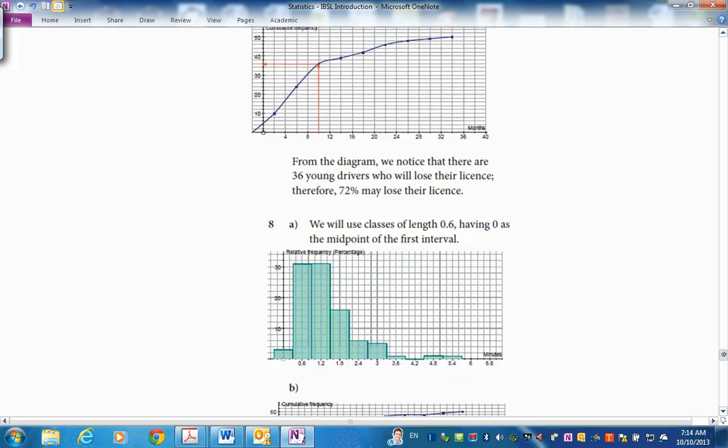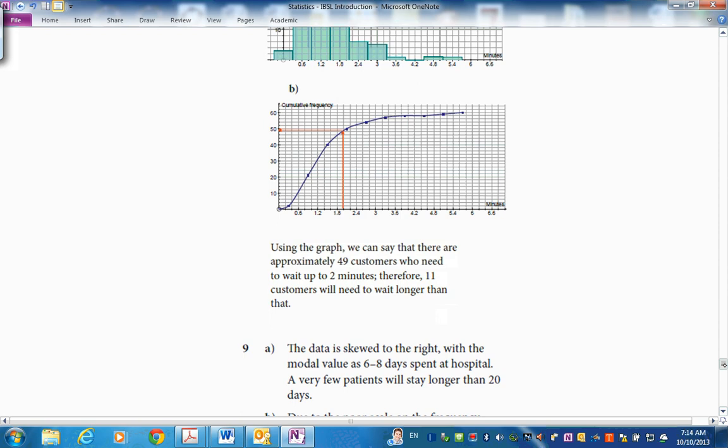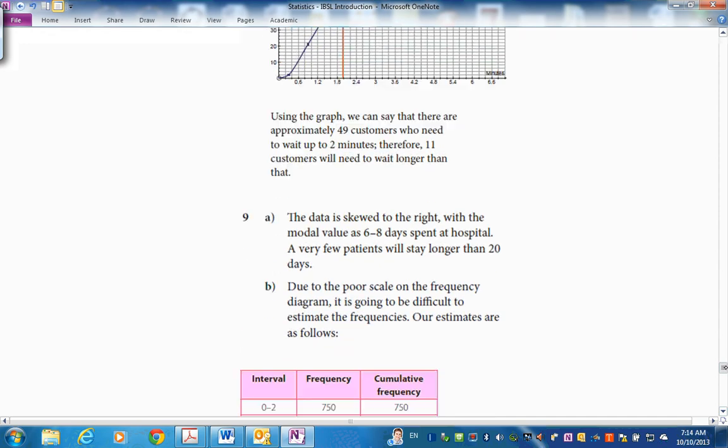Let's look at number 8 now. A and B. We'll look at the last little bit in a minute. Okay, using the graph. Okay, let's look at 9.